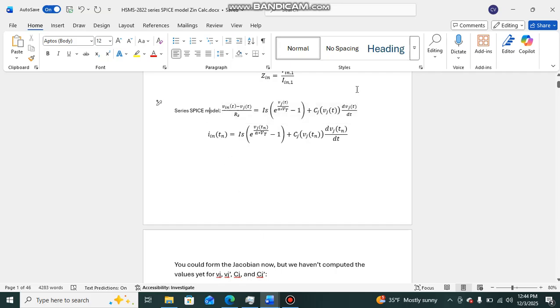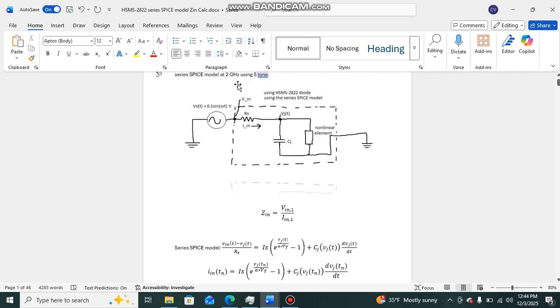So if we do Vn minus the junction voltage divided by the series parasitic resistor here, we get In. So In would be that.